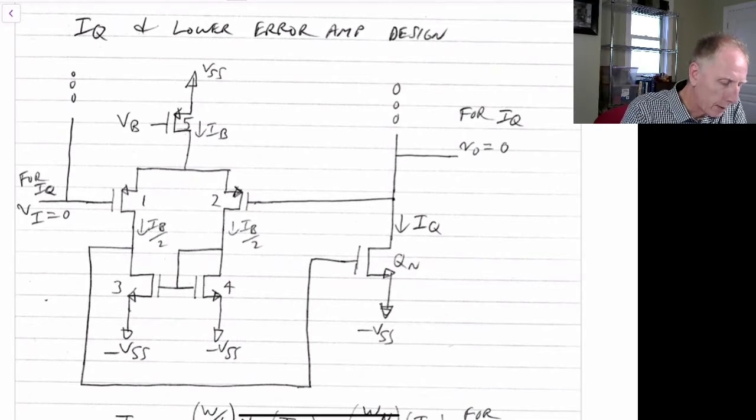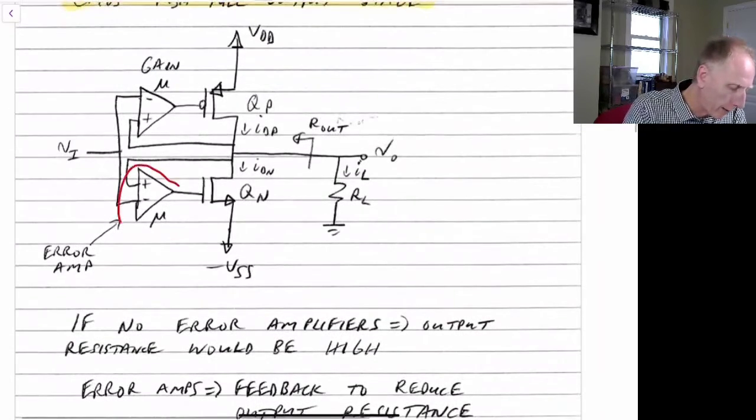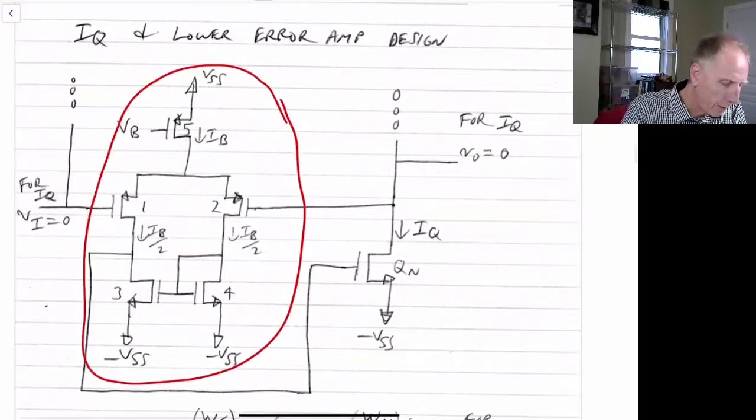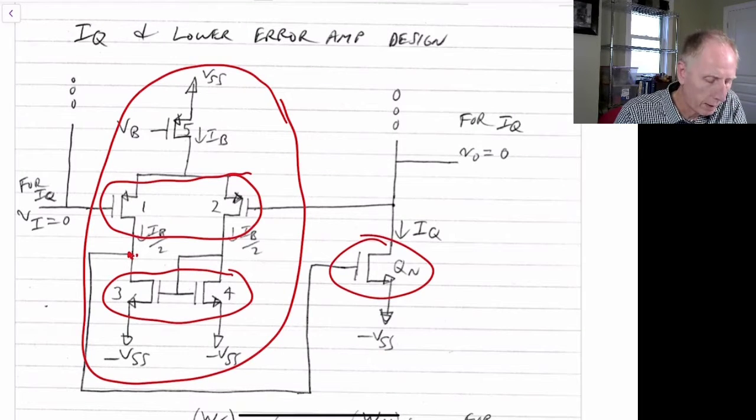So this is the circuit for the amplifier here. This would be that error amplifier. So this corresponds to this amplifier right here. And we can see that it has a differential PMOS pair coming in. And the output is down here through these NMOS transistors trying to match this QN transistor over here.